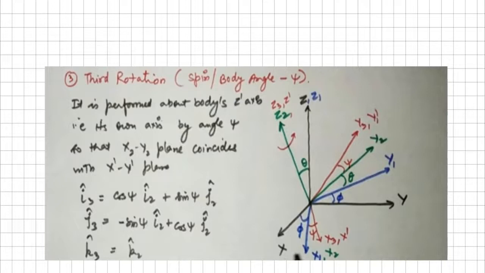Now, which axes will we consider initially? I will consider the y2 axis and x2. This red one is x2, I think. No, this is x3. This is x2, the blue one.